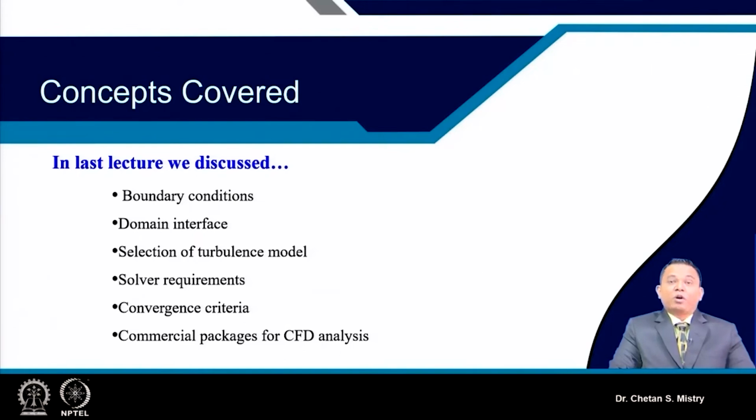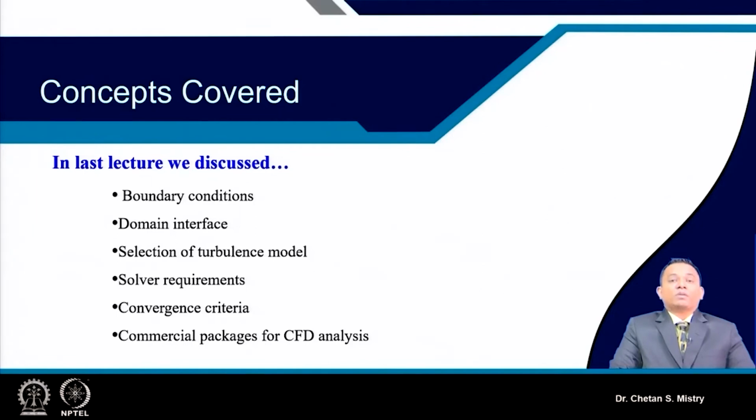We were discussing the solver requirements, where we discussed the compressible solver and incompressible solver. Those solvers can also be corrected as per the requirement, and we can go vice versa. Then we started discussing the convergence criteria. Depending on what parameters we are checking or what analysis we are doing, those need to be observed.